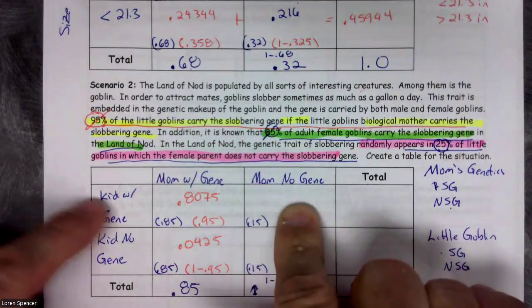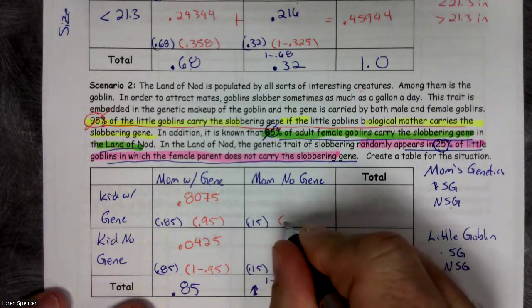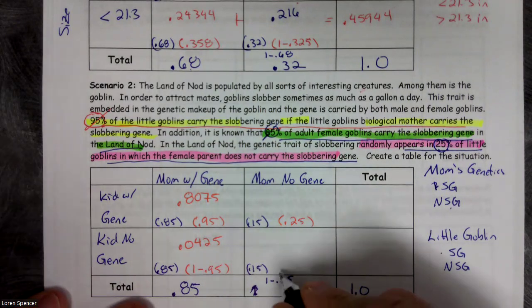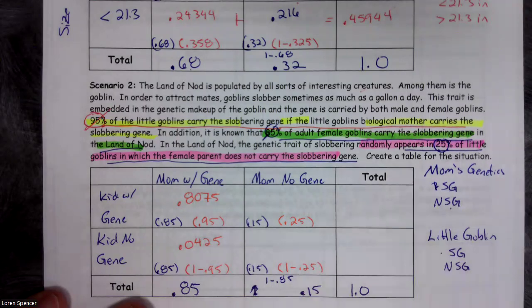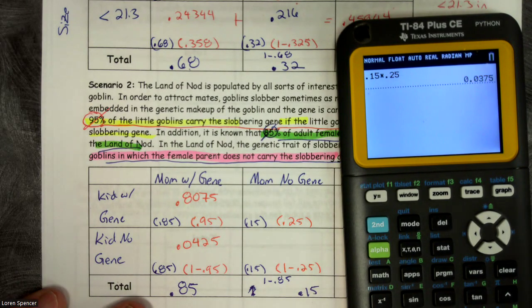So not carry, kid, that's 0.25. So we're going to go ahead and write 0.25 here. And this will be 1 minus 0.25. So let's multiply those out. So 0.15 times 0.25 gives us 0.0375.